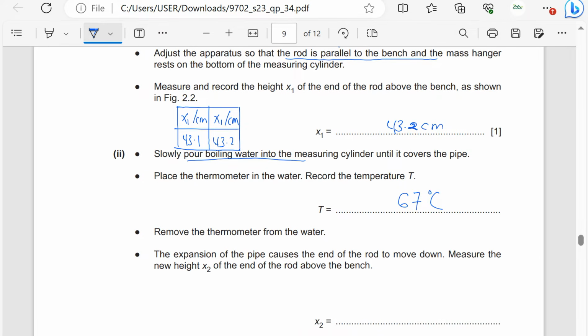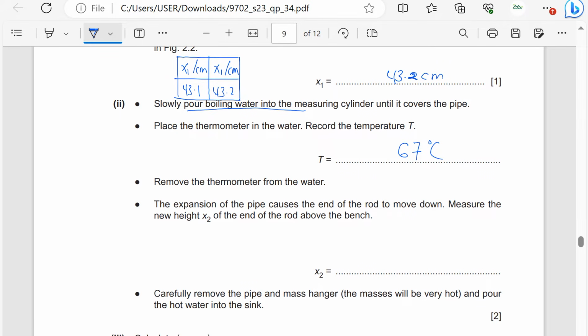Then remove the thermometer. The thermometer required in the exam measured to the nearest whole number. Most thermometers in the laboratory measure to 0.5, but this one measured to the nearest degree Celsius. Remove the thermometer from the water.